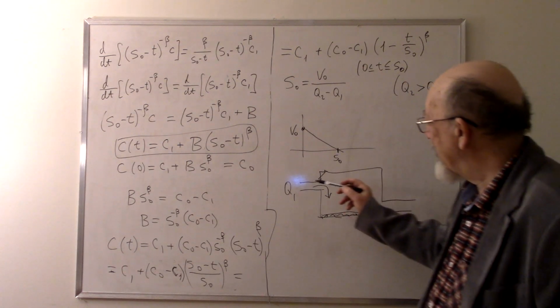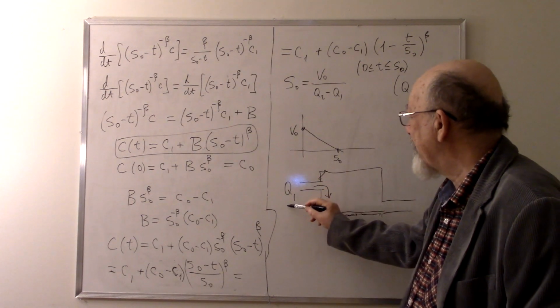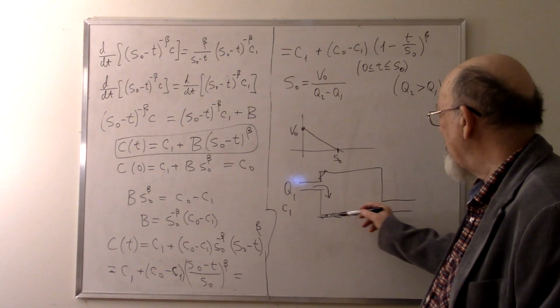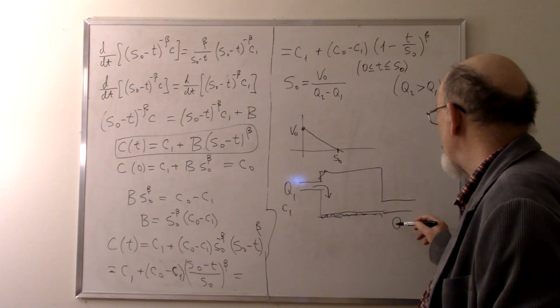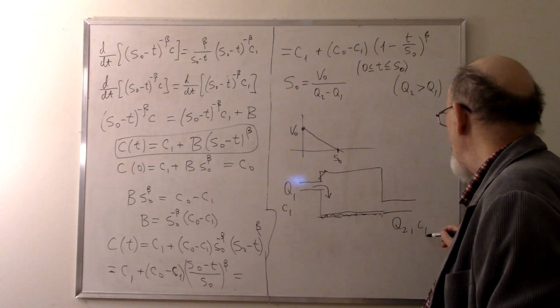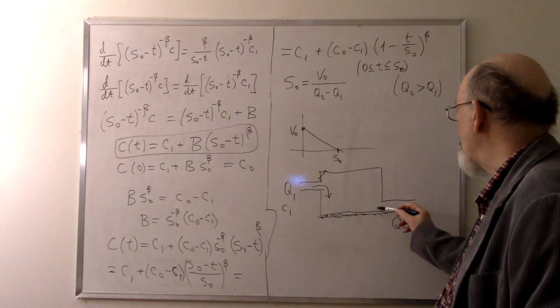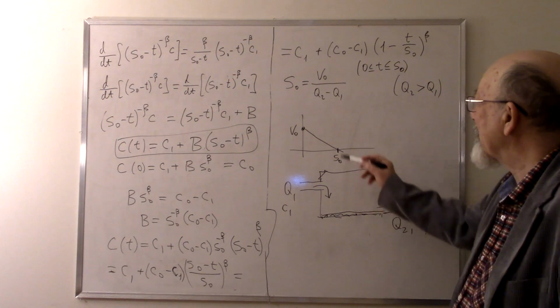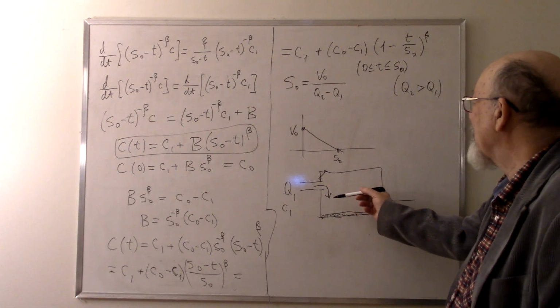And if it came with the concentration of salt C1, then automatically the concentration of the outgoing salt is also C1. And what is in between, when we have some water?